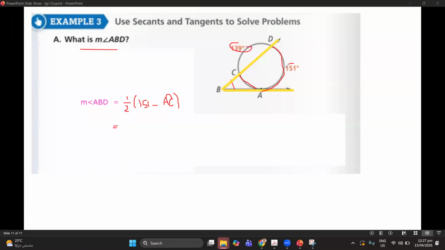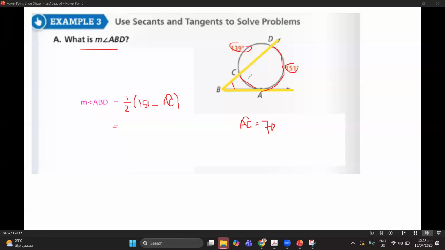From D to A it's 151. So in order to find arc AC, I should subtract 360 minus 151 minus 139. So the answer is 70.